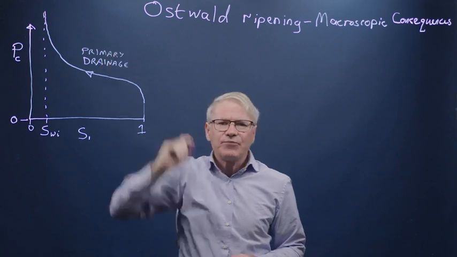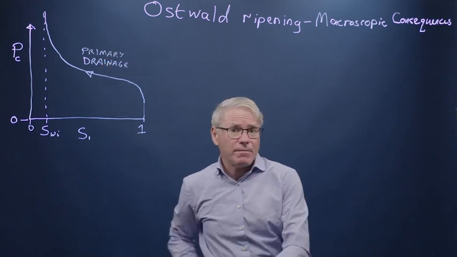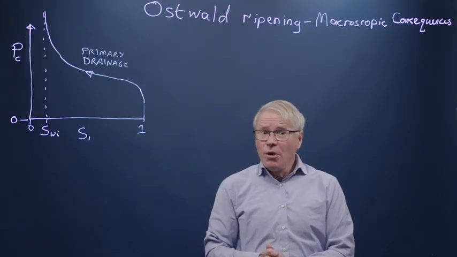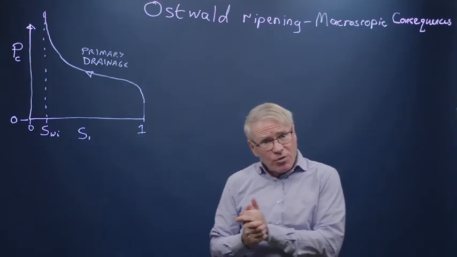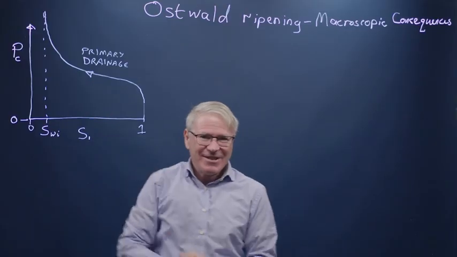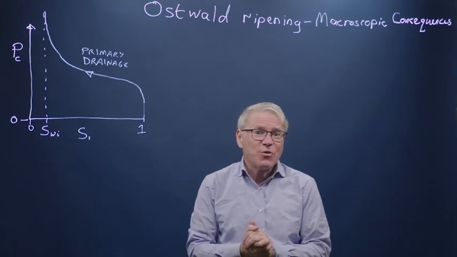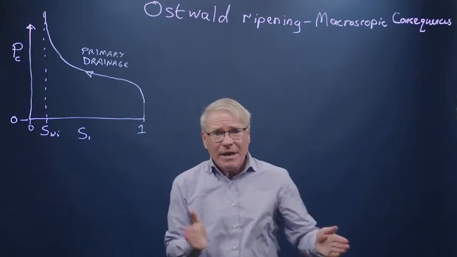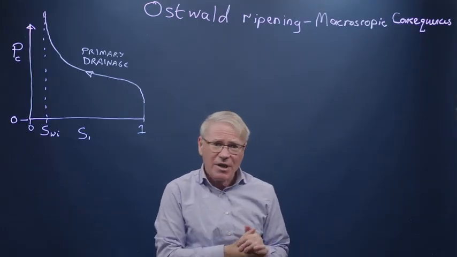Now, I'm going to consider two scenarios. The first is what you do in a normal laboratory experiment. In a normal laboratory experiment, you will inject now back the aqueous phase, the wetting phase. You can either do it in steady state at a series of increments, or you simply inject it in an unsteady state experiment.